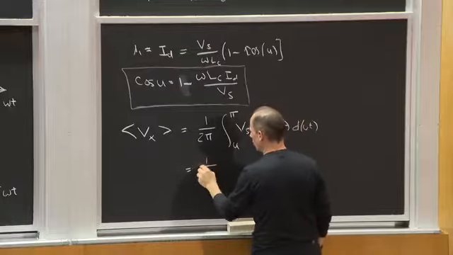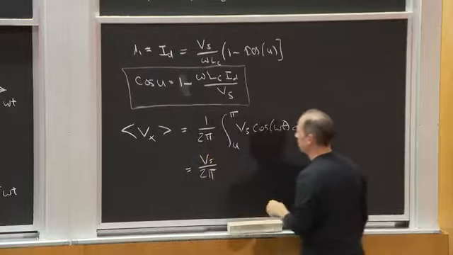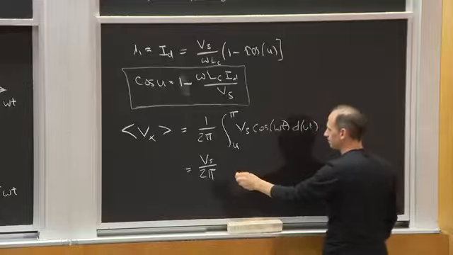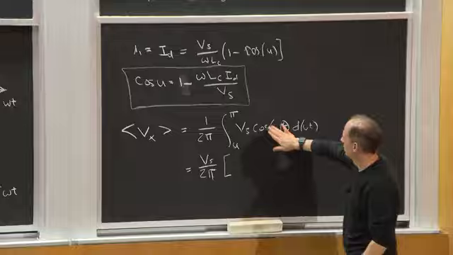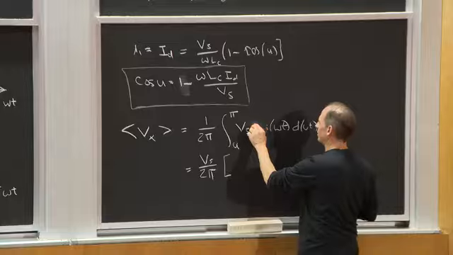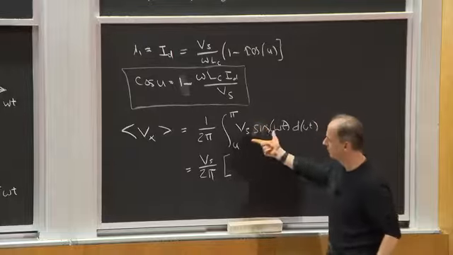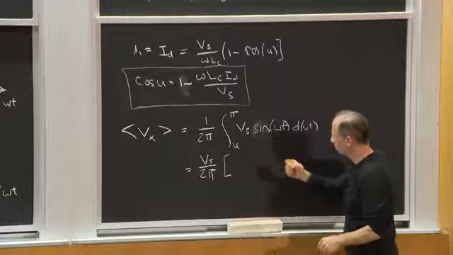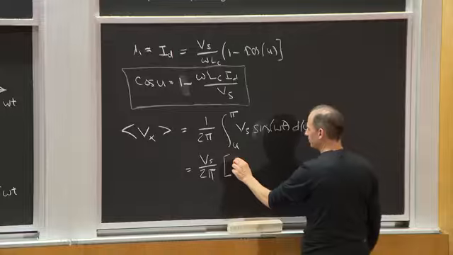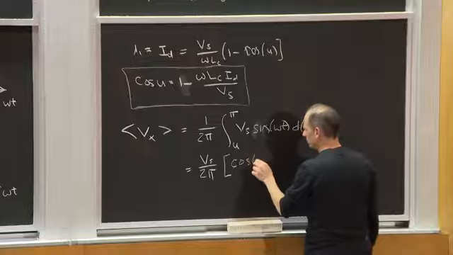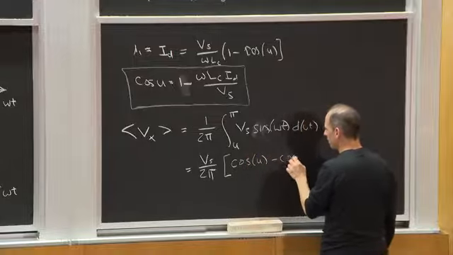This ends up being Vs over 2 pi, oops, that should be sine, sorry, right? The voltage waveform is a sine. So this should be equal to times cosine of u minus cosine of pi.